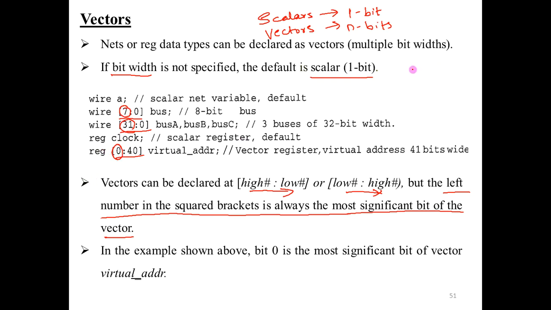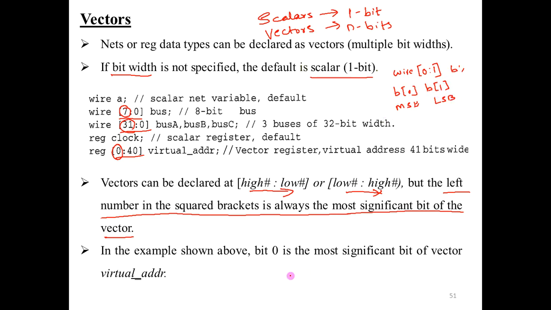So writing, let me write something like wire 0 down to 1 B. So this B of 0, B of 1, this is MSB, this is LSB.